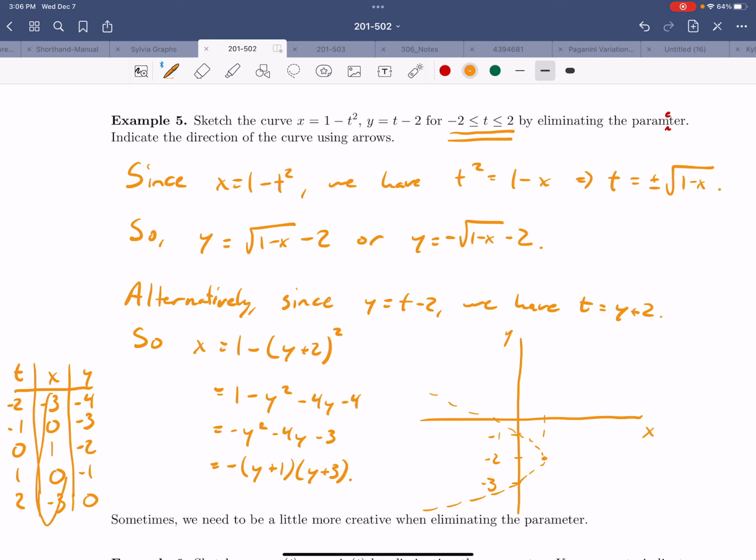So again, note the symmetry right here. Okay. So really, it looks like we're between y equals negative 4, so maybe that's right over here, and y equals 0, which is right here. So really, I guess this is the only part of the graph that actually shows up.